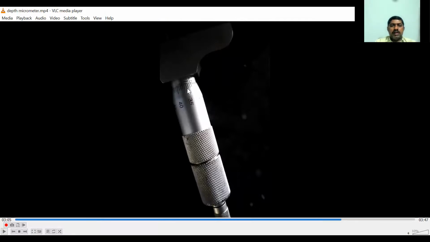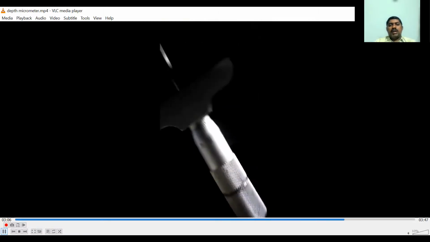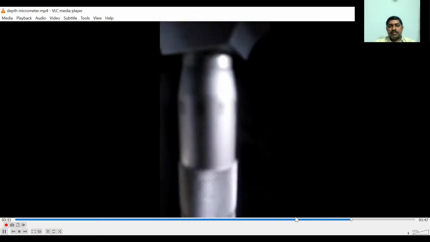So 1.37 mm is moved backward. The rod is moved backward by 1.37 mm. Therefore, the total length is 75 minus 1.37, which gives 73.63 mm. In this way we will take the measurements using the depth micrometer.